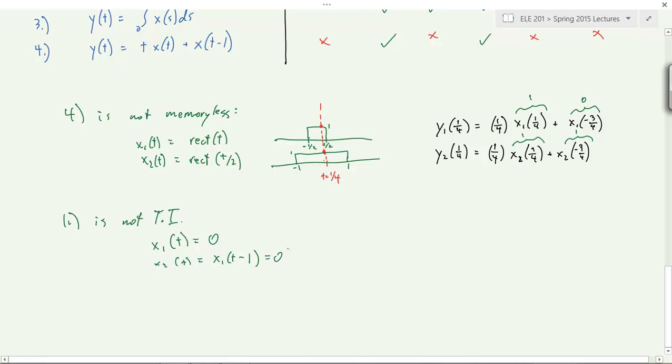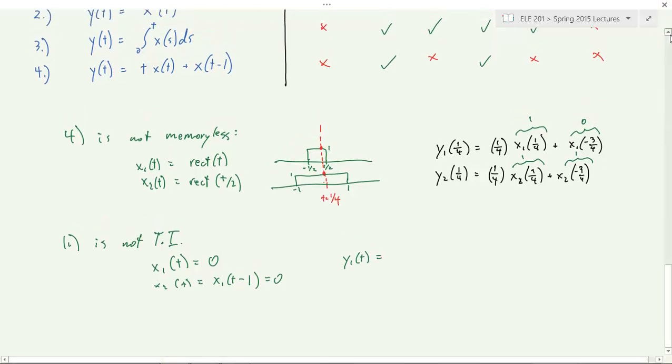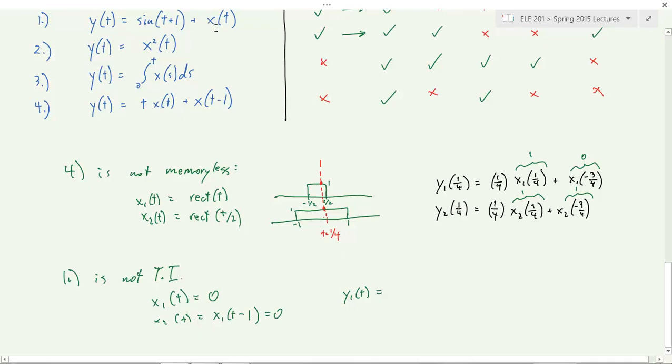Okay, so this example is going to seem too silly, but you'll see what happens. What's y1 of t according to this system definition? You can't see it, but maybe you remember. Plug in x1 of t here, which is 0. This is just sine of t plus 1. What's y2 of t?